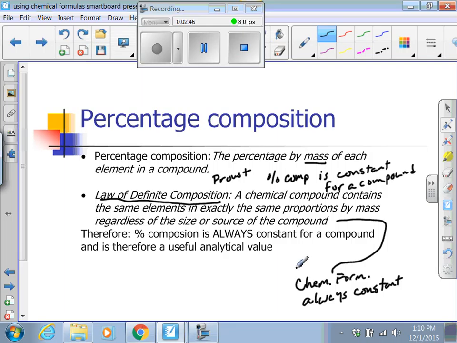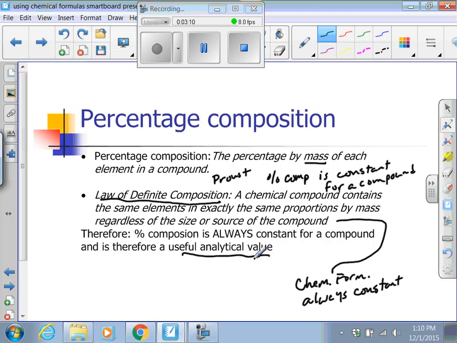It doesn't matter if it's produced in a chemical reaction or if we take it out of a distilled water bottle. The end result is that water is going to have the same formula and same composition always. So that makes it a very useful analytical value. If for nothing else, if we have an unknown compound and we suspect that it might be something, then we can analyze the composition and see if it matches what it's supposed to.